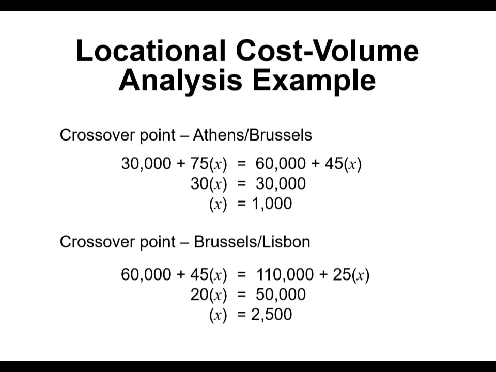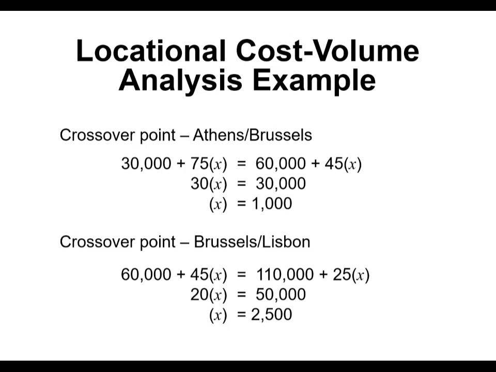And another crossover that you have to find is the crossover point between Brussels and Lisbon. So also insert the equation of Brussels, that is 60,000, the fixed cost, 45 is the variable cost, X is the volume that we do not know. Equivalent to the 110,000, this is the fixed cost for Lisbon.